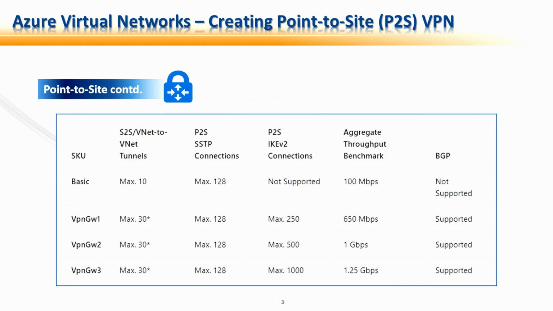But in point-to-site using the IKE version 2 protocol, we have a maximum of 500 for GW2 and a maximum of 1000 connections for GW3. The aggregate throughput also increases between the different SKUs. For GW2 it is 1 Gbps, whereas for VPN GW3 we have 1.25 Gbps.